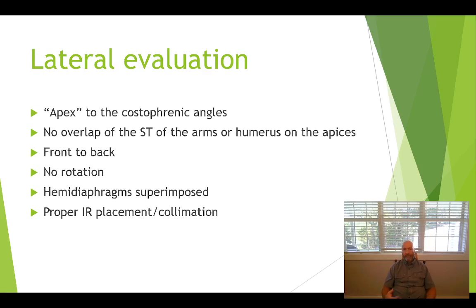Technically, hemidiaphragm is the better word if you're only talking about one. So hemidiaphragms superimposed would be left, right, superimposed. And then proper image receptor placement, collimation, and making sure all of the patient's demographic information and the side markers are on the image.